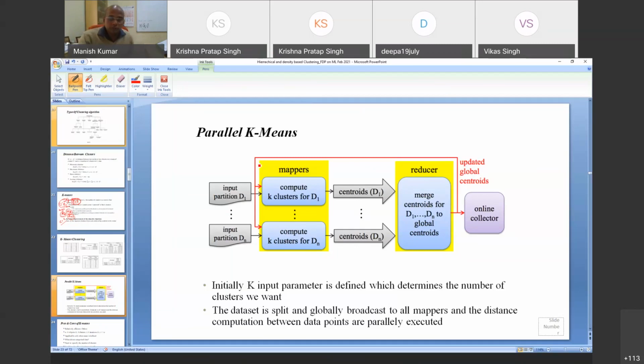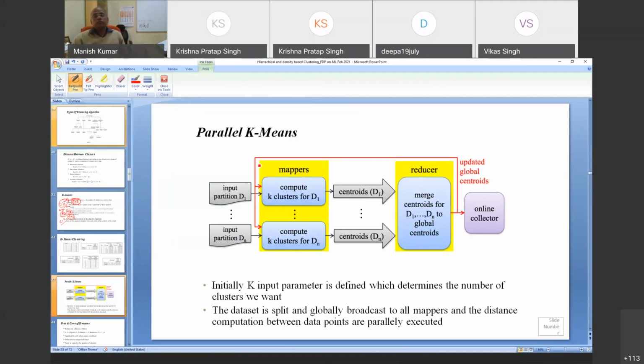So this particular architecture talks about how to parallelize k-means. Certainly, I can make use of the MapReduce framework for this, and I can make use of HDFS, the Hadoop Distributed File System, for storing the data.